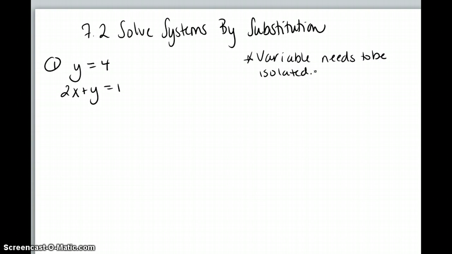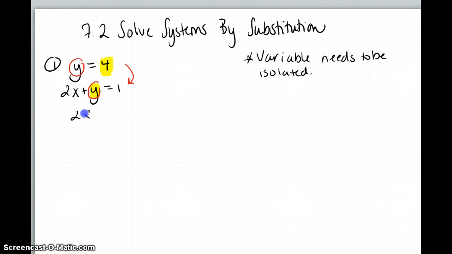With substitution, it doesn't matter which variable, it just needs to be one of them. So if we look at our first system here, notice that y is isolated. So we're going to take y and substitute it into the other equation with what it's equal to. Since y equals 4 here, I'm going to substitute into the second equation and make that also 4.